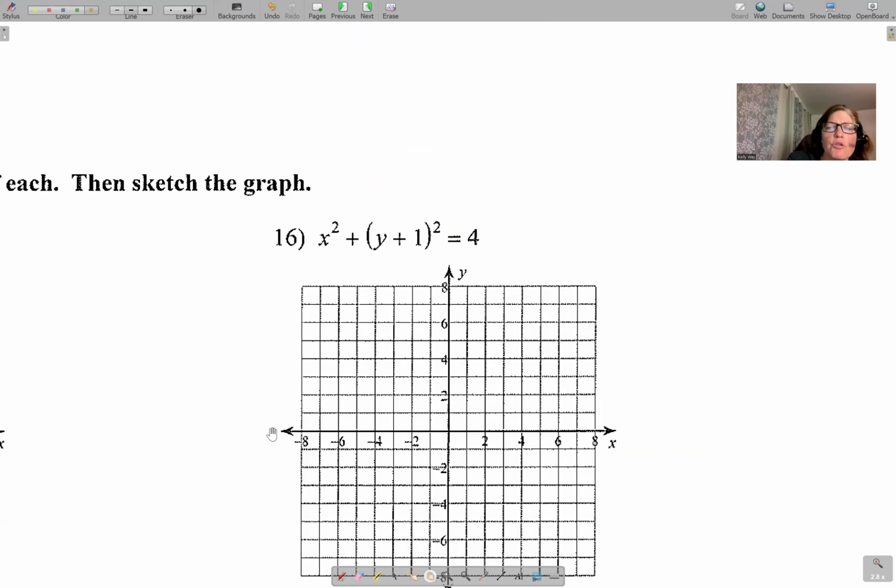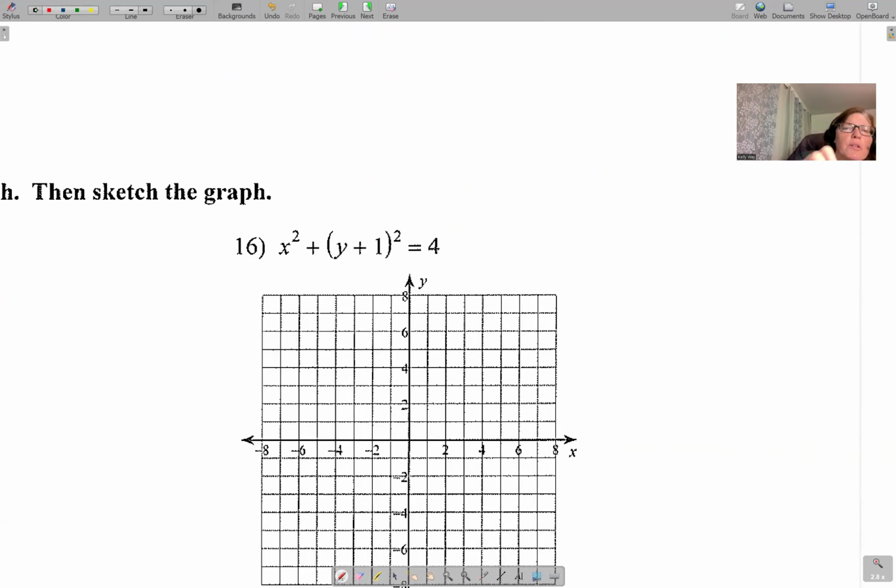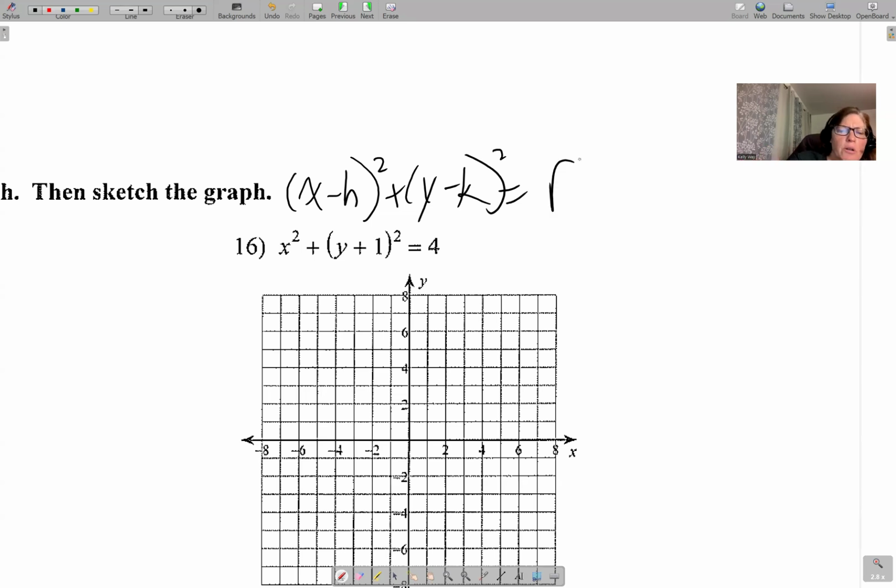Sketching a circle graph. That equation is x minus h squared plus y minus k squared equals radius squared. So you ask yourself, what would the h be here? That x is by itself, and in this case, h would be 0. What would the k be? Notice the flip of the sign.